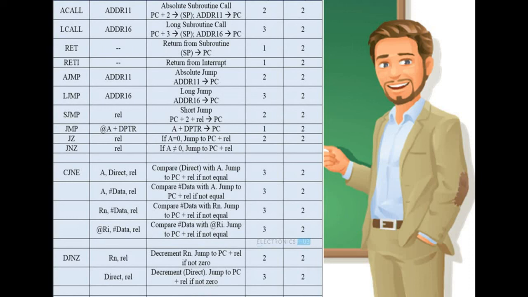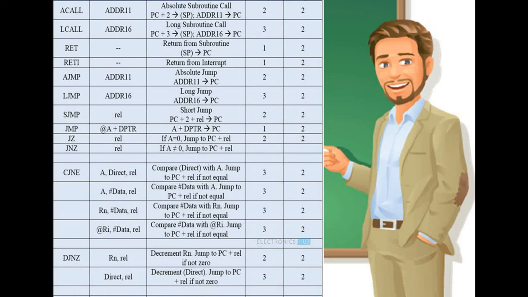Then we have to go back to the 250th instruction, fetch the data, and again perform the task. Next, short jump: the instructions will be within a very small distance.